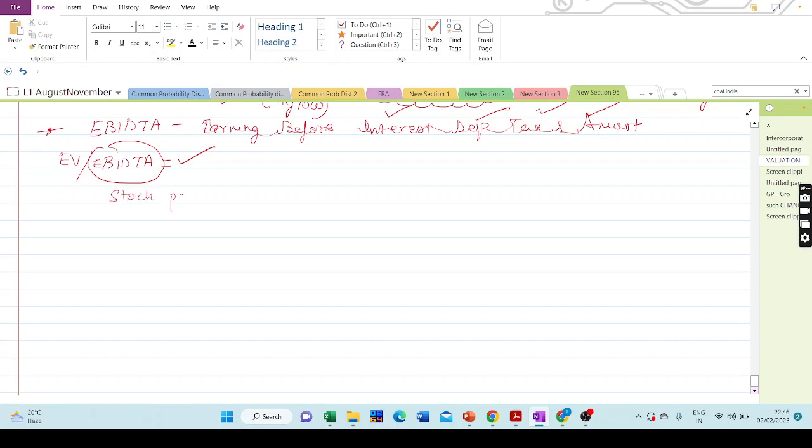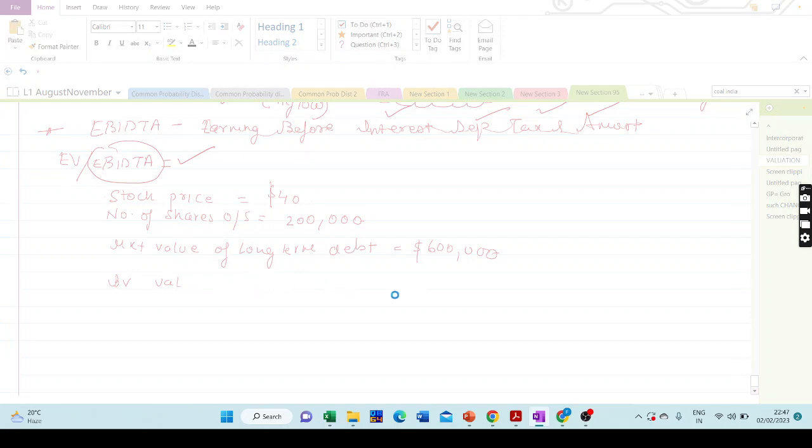Guys, the stock price, we have to calculate the EV by EBITDA. Stock price is $40. Number of shares outstanding is 200,000. Market value of long-term debt is $600,000. Book value of long-term debt is $900,000.